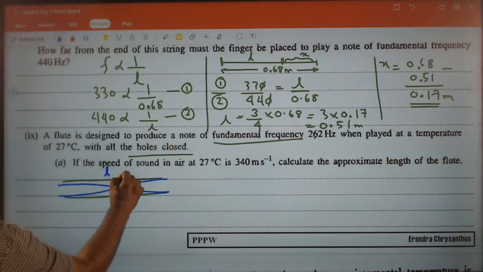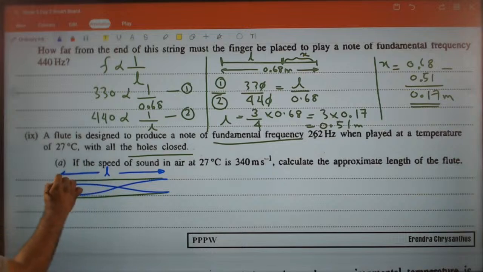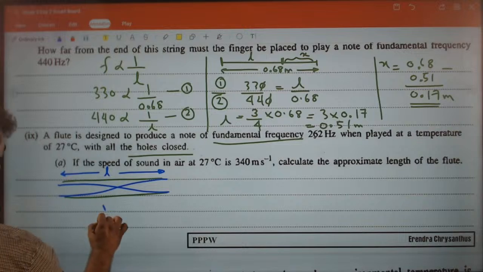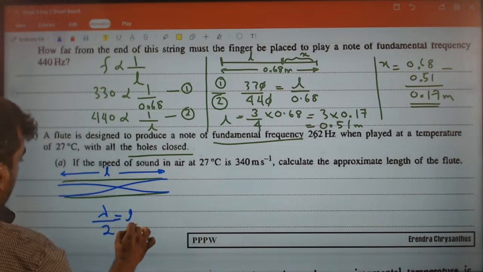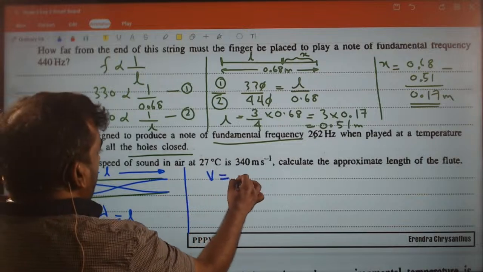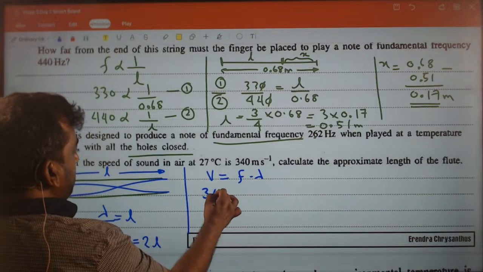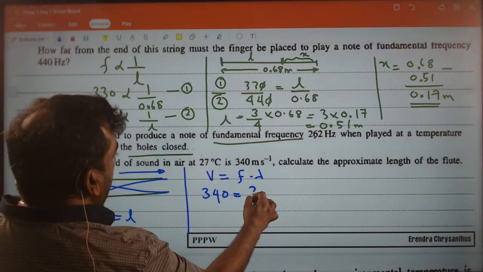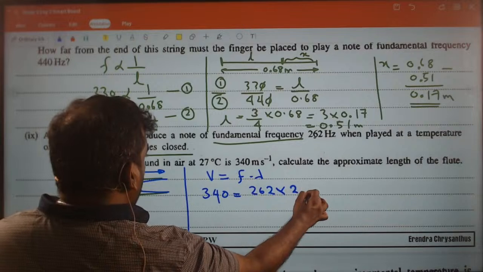Length is equal to L. Approximate length: lambda divided by 2 is equal to L, so lambda is equal to 2L. V is equal to F lambda, so 340 equals 262 times 2L.